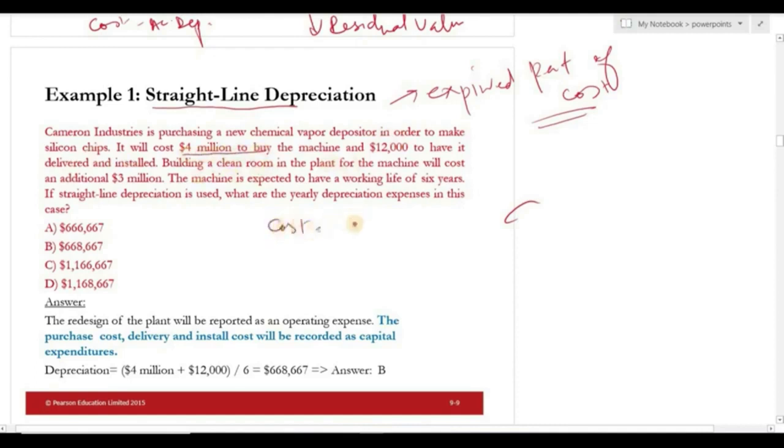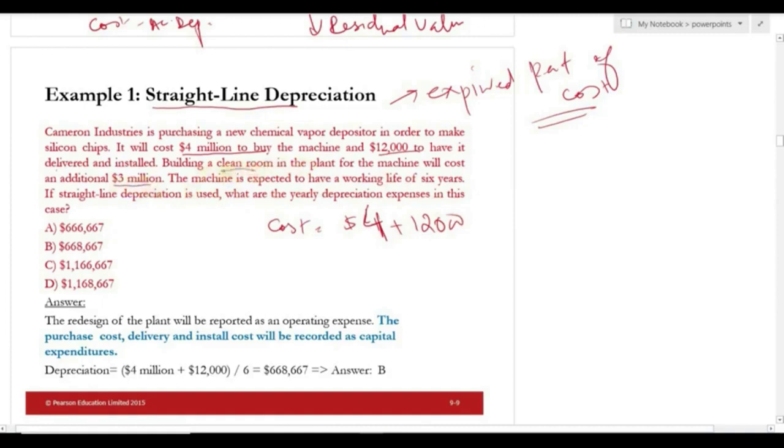Cost is $4 million and $12,000 to have it delivered and installed, because this is also part of the cost. So the total cost is 4 million plus 12,000. Building a clean room in the plant for the machine will cost an additional $3 million.